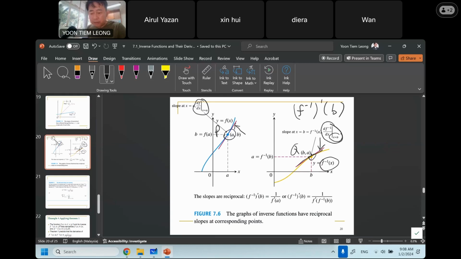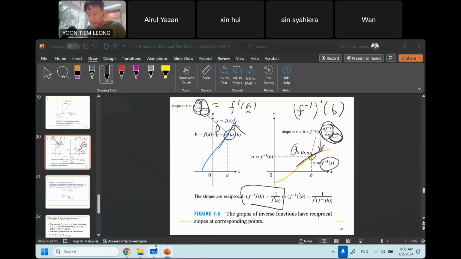It simply means you take the derivative of the inverse of the function, then you evaluate it at the point b. Sometimes I write it as f prime a, which simply means you take the derivative of the function, which is f prime, then you evaluate f prime at x equals a, and they are simply given by this very simple relationship.